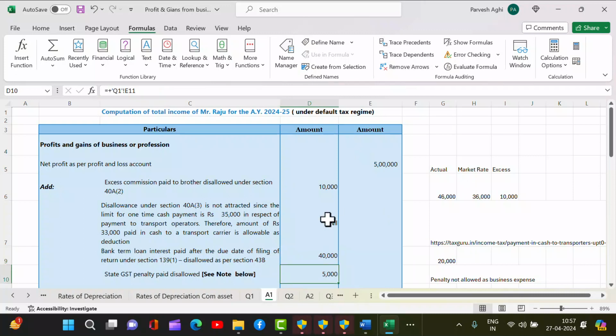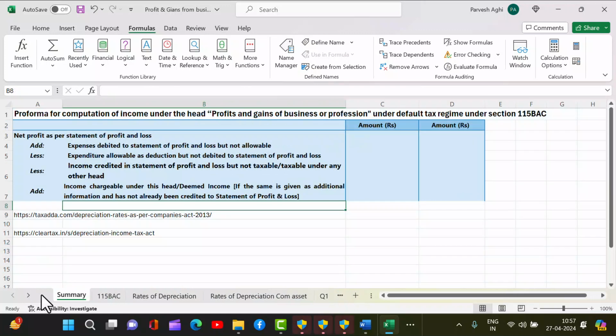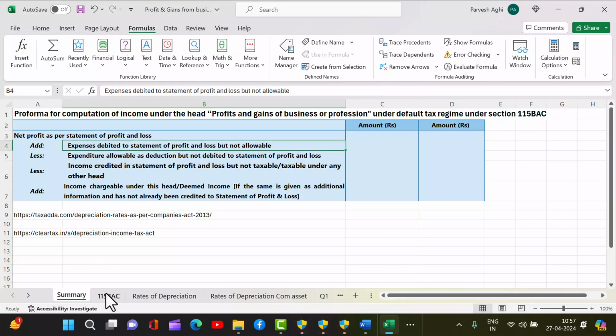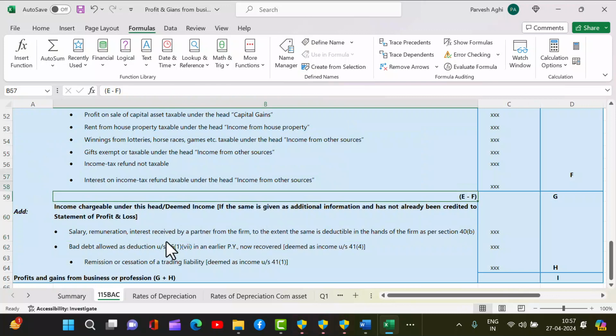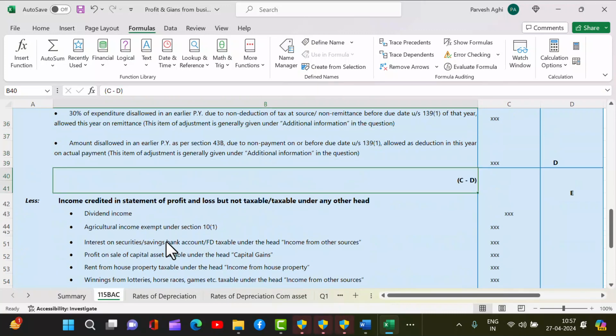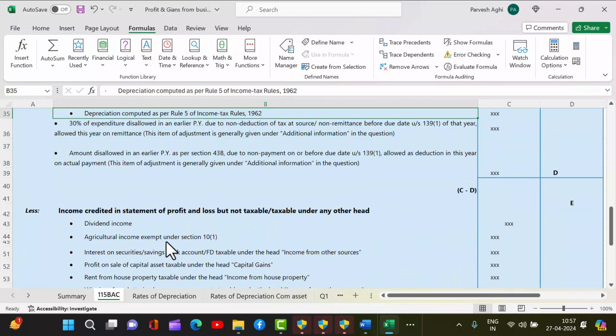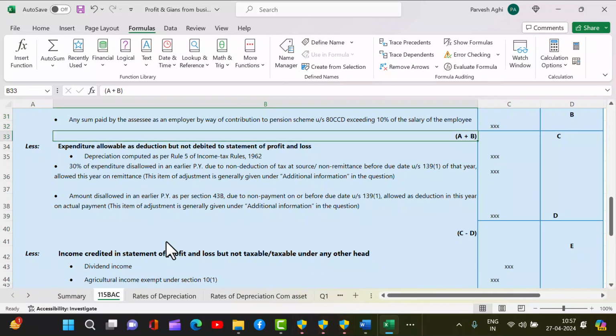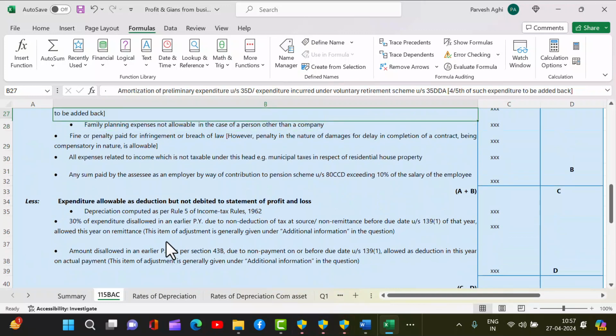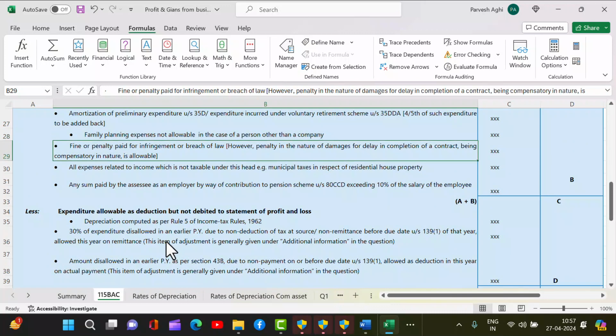Now, one more thing, let's go back here. Expenses debited to statement but not allowable. Just read this.